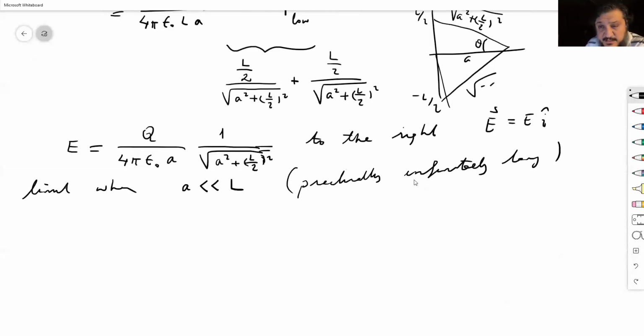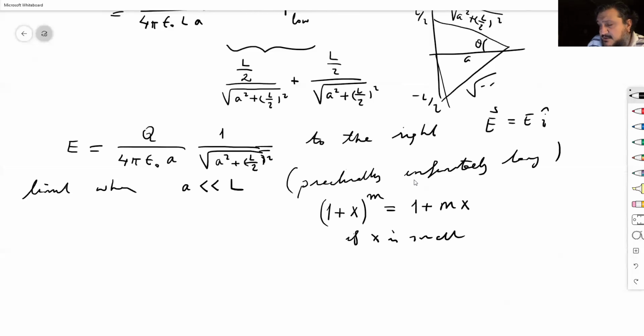So I'm gonna use an approximation. You guys know the binomial expansion, right? I mean, it can be applied to a plus b to the power m or something, but in general, you can reduce it to something like this. So 1 plus x to the m, if x is small, this will be 1 plus mx, okay?